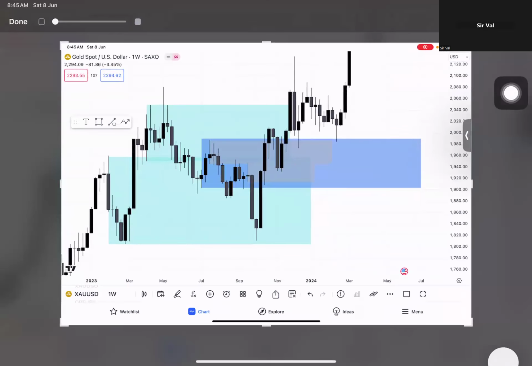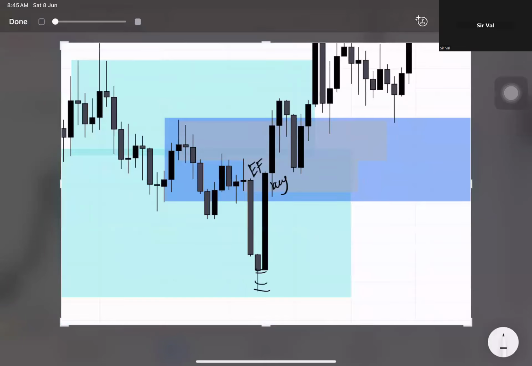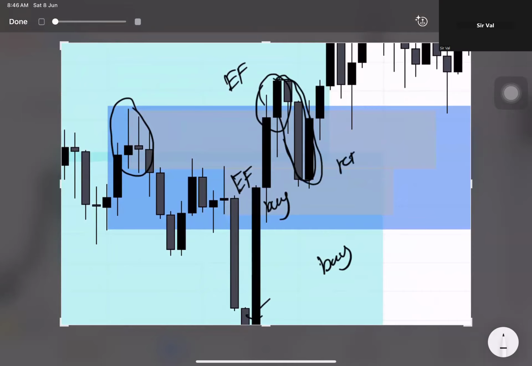And it created engulfing buy here, EF buy right now. So that's why I'm holding. I will check if price respects here or not. But price has EF also, so I know the direction has changed to buy, and this one is just only for retracement sell.